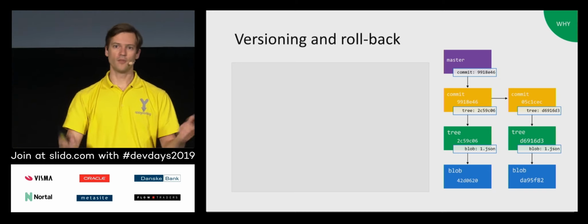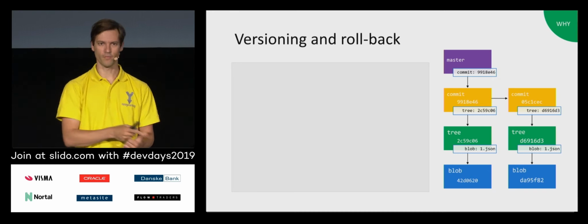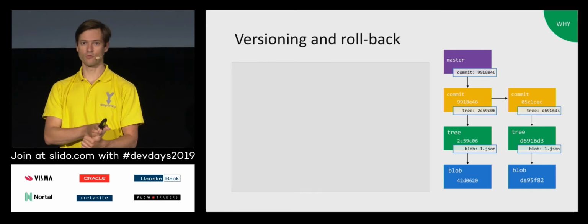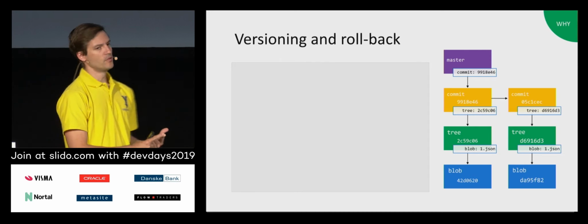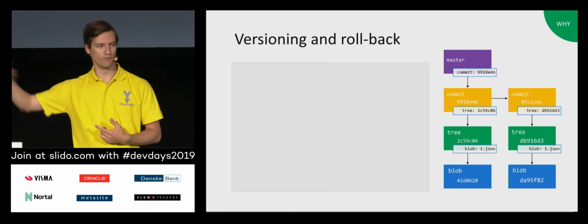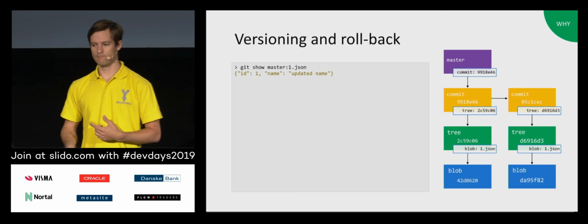And then you look at the update date and you say, right, this was updated last week, but you don't have the previous value. So essentially, you know someone screwed up, but you don't know what. And Git gives you the possibility to look into history and see everything that has changed over the course of your application.